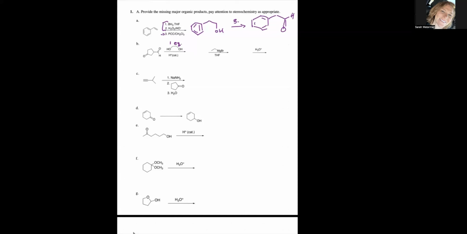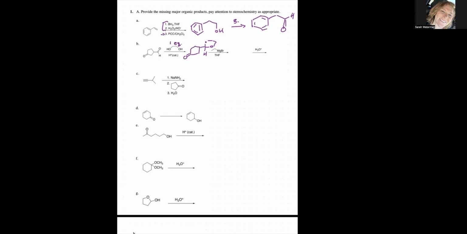So what we end up with here is we still have our ketone on this 5-membered ring, my 5-membered rings never look pretty, sorry. And H, and then now we can make our new carbon-carbon bond with our Grignard reagent.